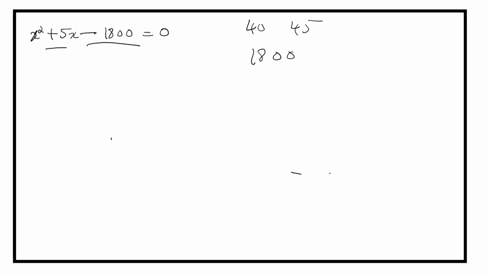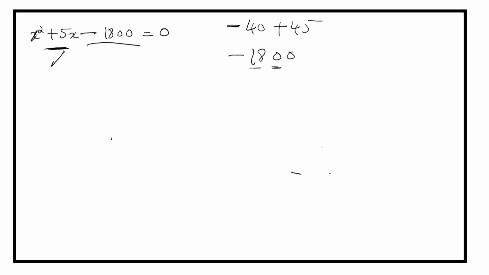If you multiply, you will get 1800. Bigger number sign should be positive because we have to get plus 5. Smaller number negative. So these are the two numbers.